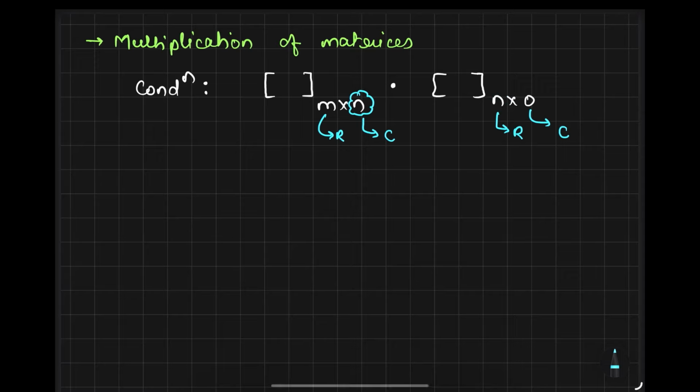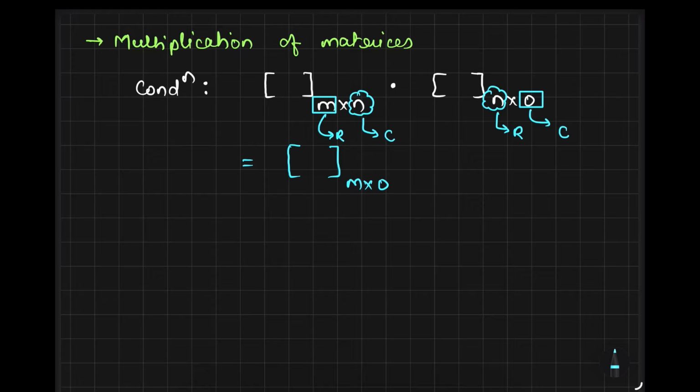Now suppose you multiply both of them, so you get some matrix. After multiplying matrix with matrix, you will get a matrix, and the order will be this cross this. So you will have a matrix of order m cross o. Is it clear now?